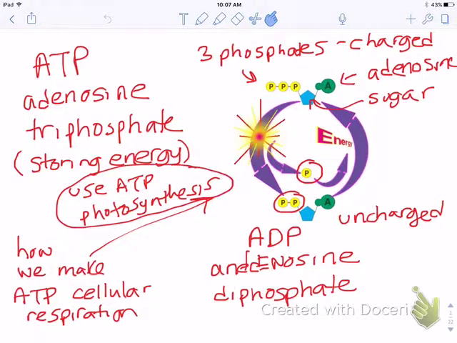ATP, remember, is the molecule that cells use for energy, because cells don't use food.